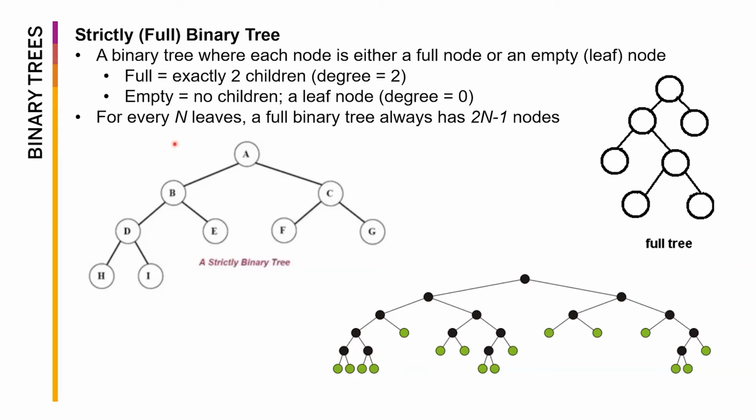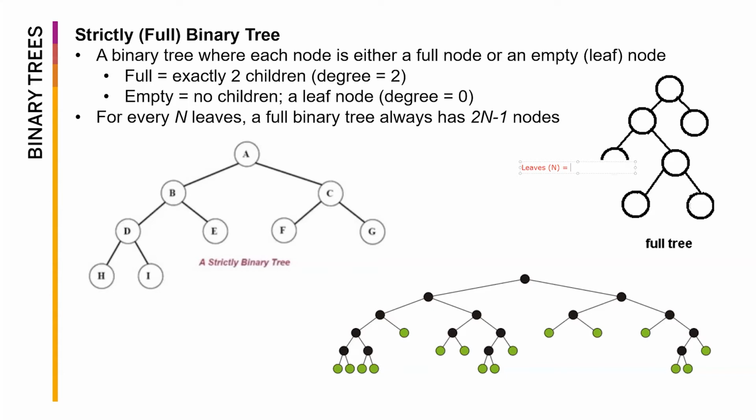You can also try this property on this tree. So how many leaves do we have on this tree? Two.